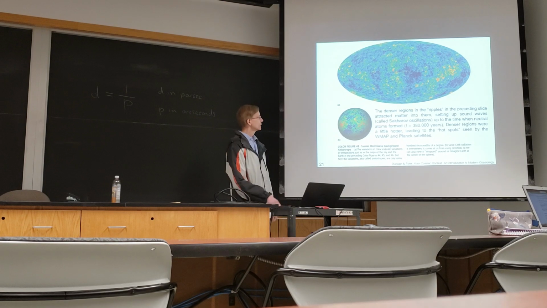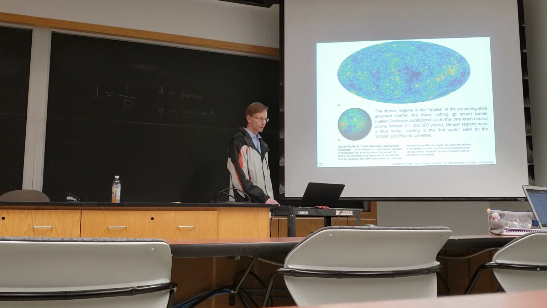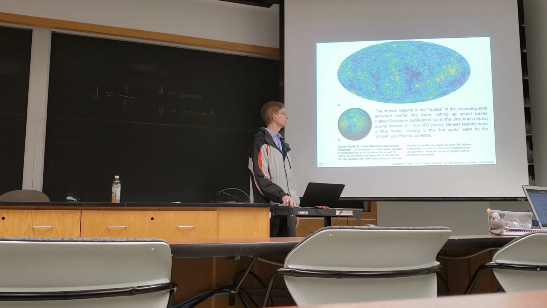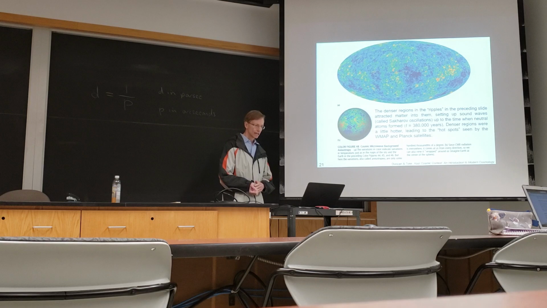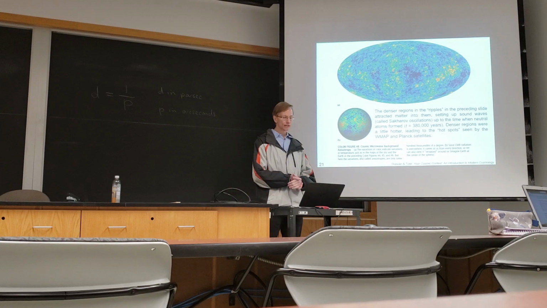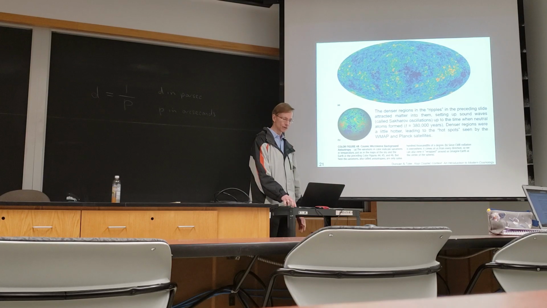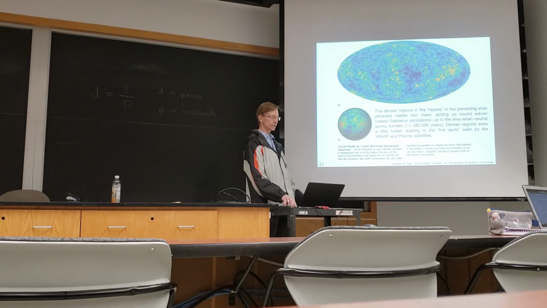These ripples, if you will, in the cosmic microwave background are sound waves that were caught in the act at the time of recombination. The universe was filled with sound before recombination, and when it became transparent, that stopped, and so we got a snapshot of sound waves on that surface of last scattering from when the universe was only 380,000 years old.